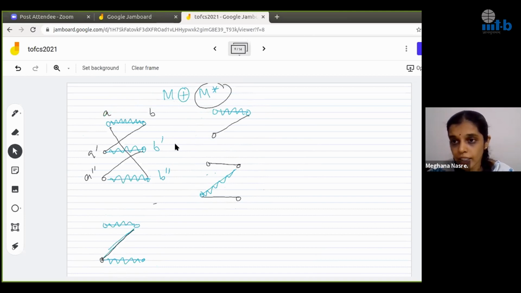If you look at the symmetric difference, there are only these structures, and if M star is a maximum matching, then the structure we have drawn in the last part cannot occur. This is the learning that we have.